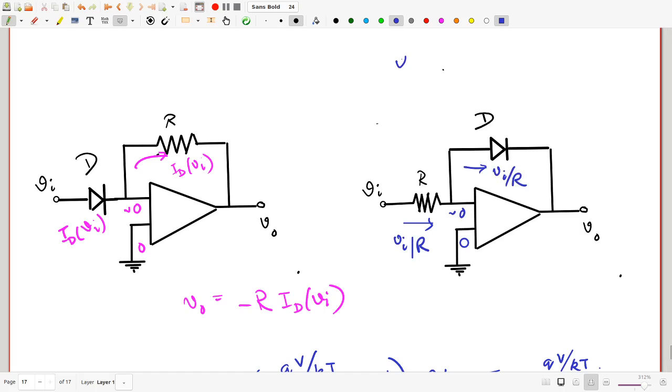And when the current through a diode is Vi by R, the voltage across a diode, which is minus VO, remember the voltage drop being 0 minus VO, is simply going to give Vi by R equal to Is e to the power minus QVO by KT. I'm ignoring the minus 1. So, VO here depends on the log of Vi. You can fill up the details yourself.